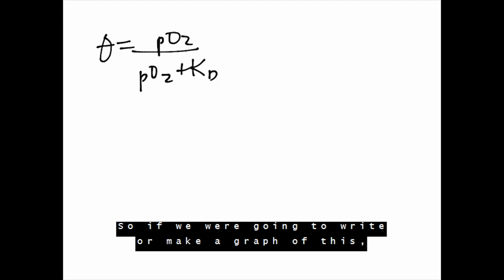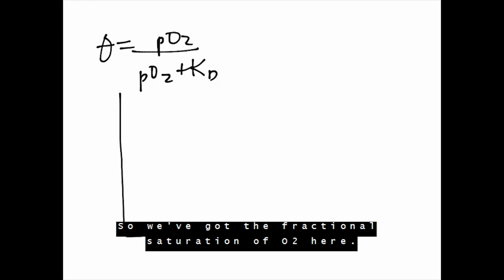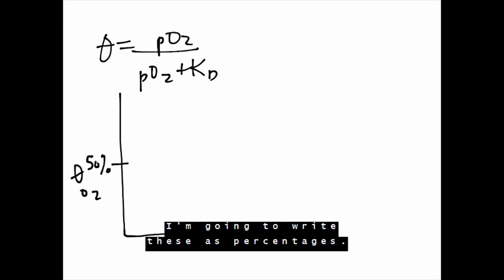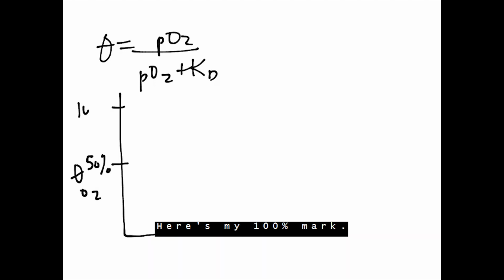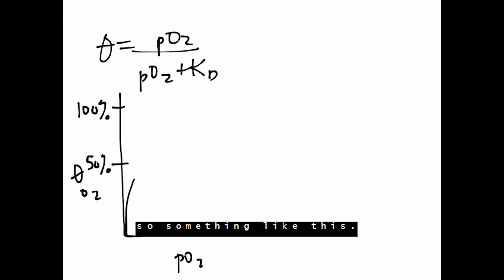it would look something like this. We've got the fractional saturation of O2 here. Here's our 50% mark. I'm going to write these as percentages. Here's my 100% mark. Then here's my pressure of O2 along the x-axis. So something like this. This is hyperbolic in shape.